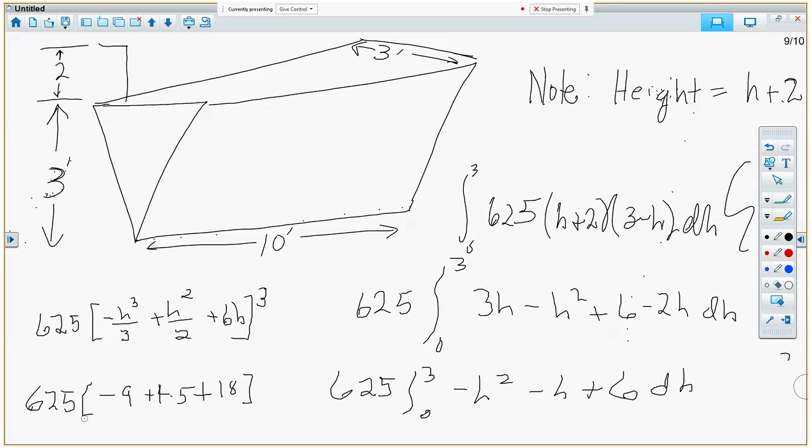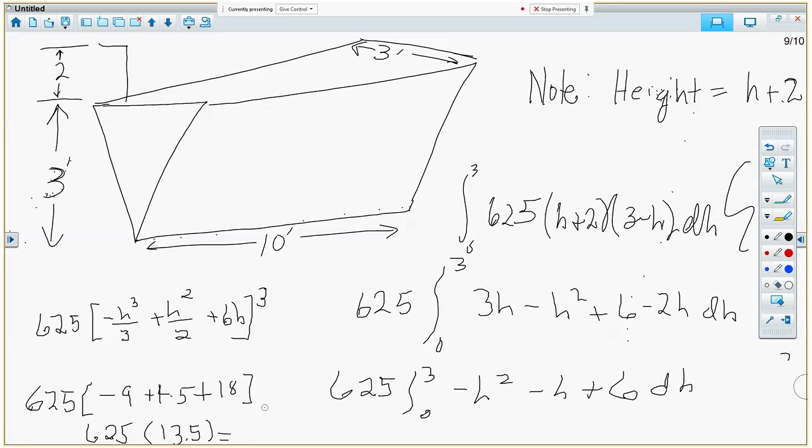Somebody help me out. I'm sorry, I need a calculator. What does it come out to be? Or 4.5 is 22.5 minus 9. Doesn't that come out to be 13.5? And somebody multiply that out.